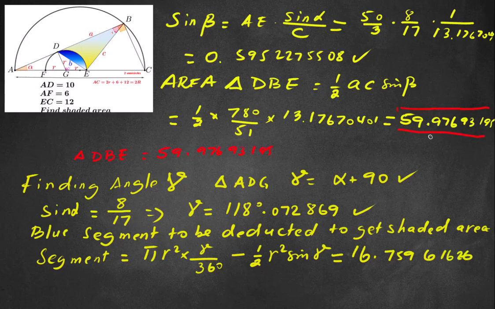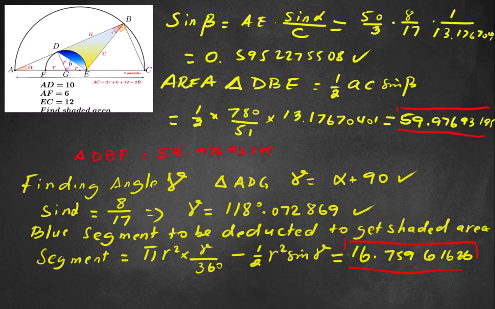Now we are at the end of this problem. So we killed the problem, and we found that the blue shaded area requested by the author at the beginning of this problem is simply the area of DBE minus the area of the segment.